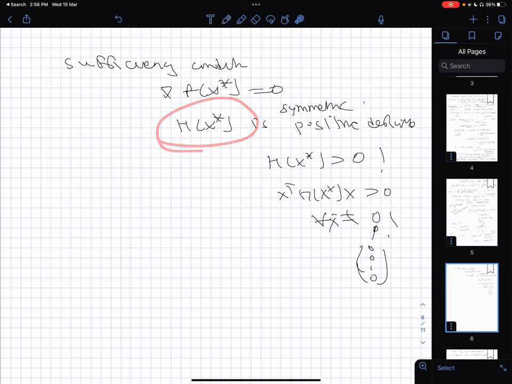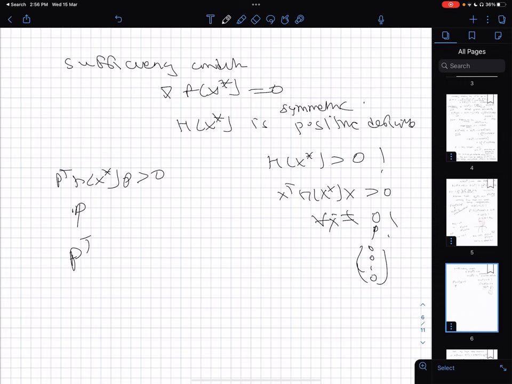Because if this is positive definite, then I know that p transpose H(x star) p is greater than 0, and by continuity, the C square property that I used, this continuity says that in a small enough vicinity also p transpose H(x) p will be greater than 0 near x equal to x star.